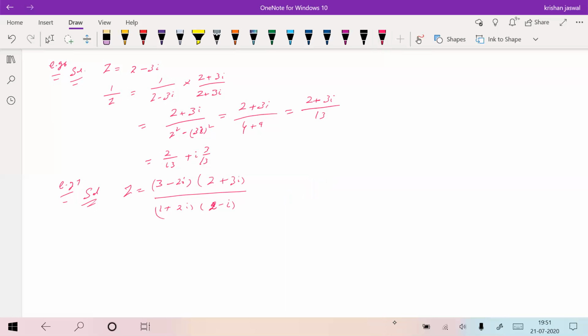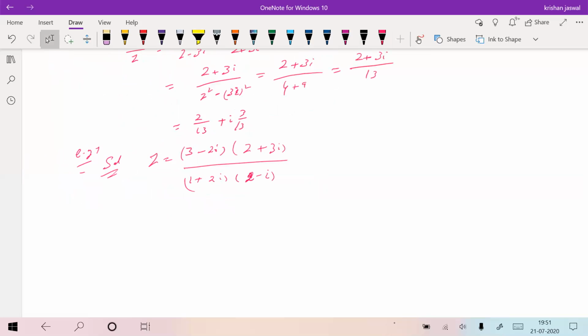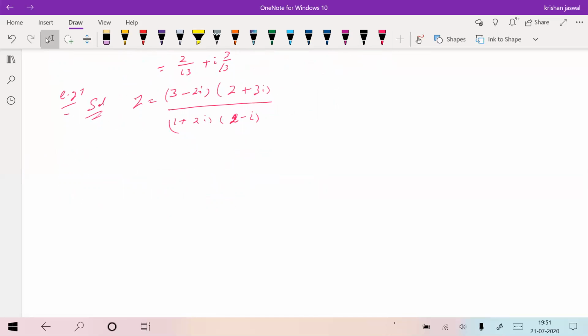First, we will solve it as a complex number. We will convert it into a complex number.